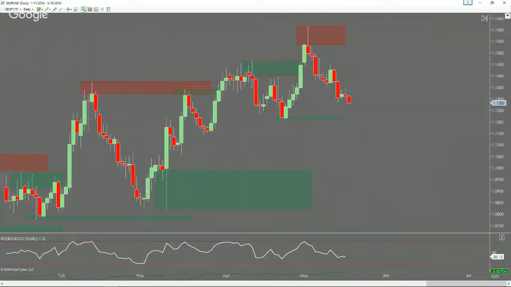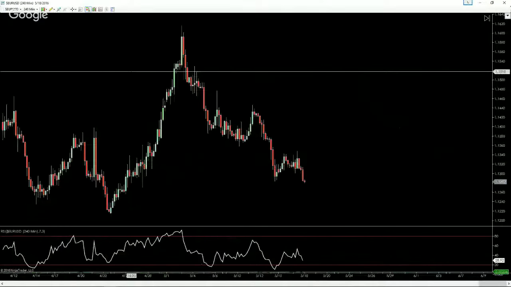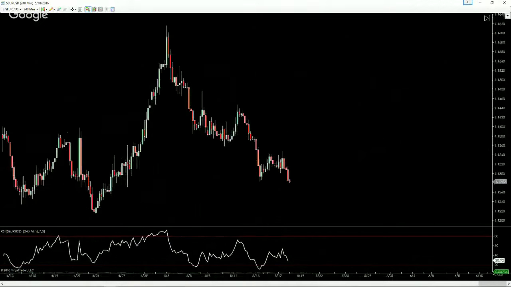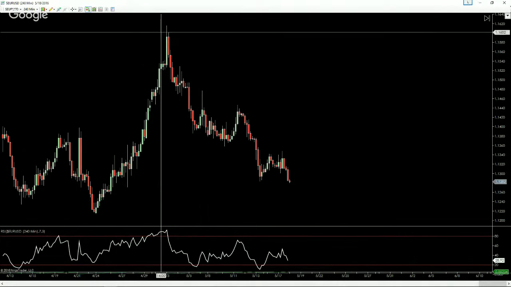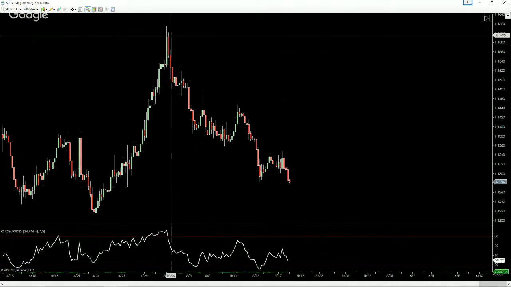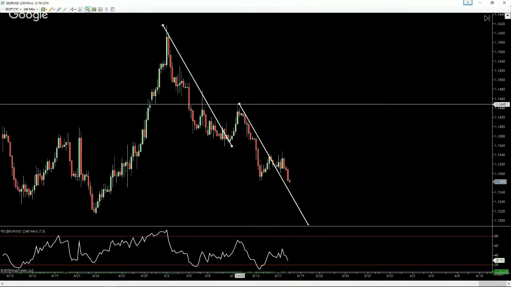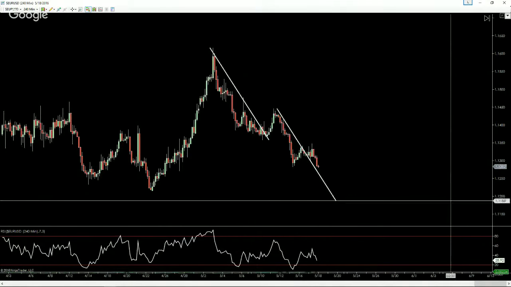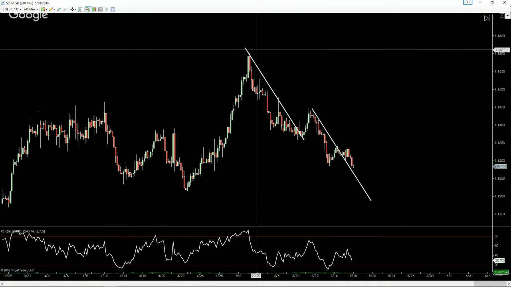So let's go down to our 240 chart. On the 240 chart, if you measure this, what looks like it could be a zone right around there, maybe a little bit below it.